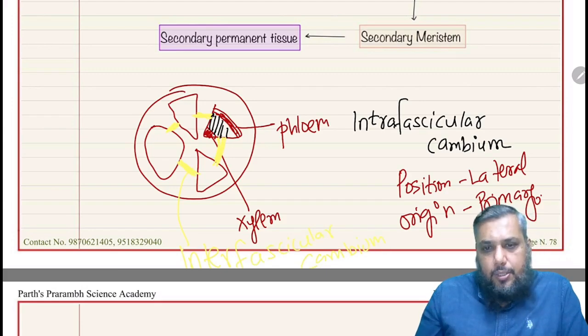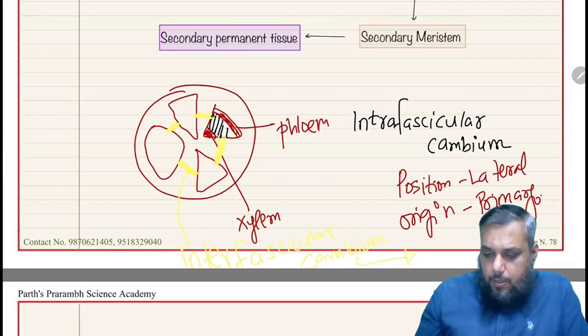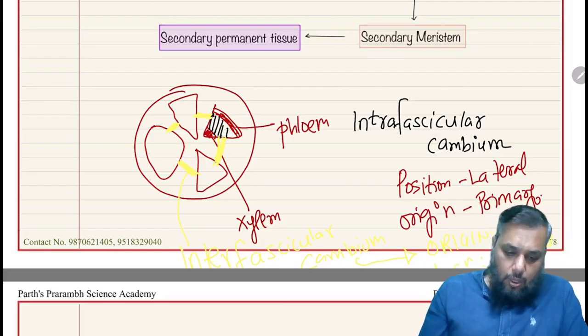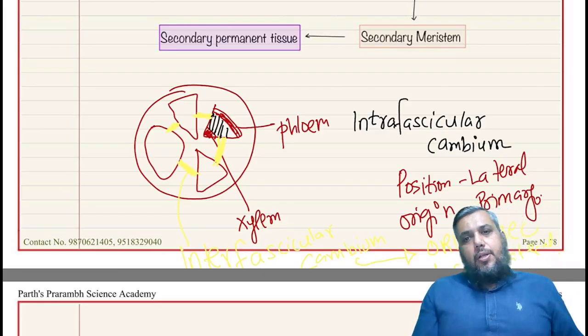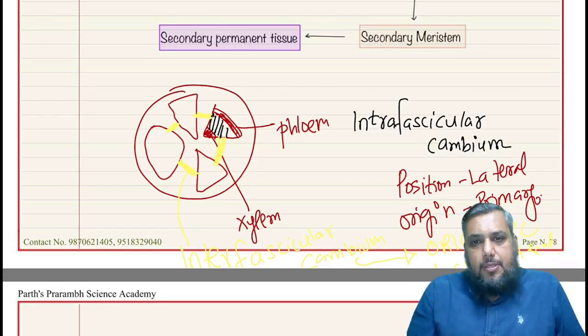And the interfascicular cambium, with respect to its origin, is secondary, and with respect to its location, it is lateral. It is secondary because the ray parenchyma cells get de-differentiated, resulting in the formation of the interfascicular cambium.